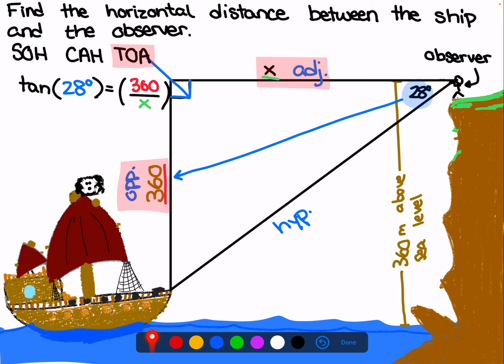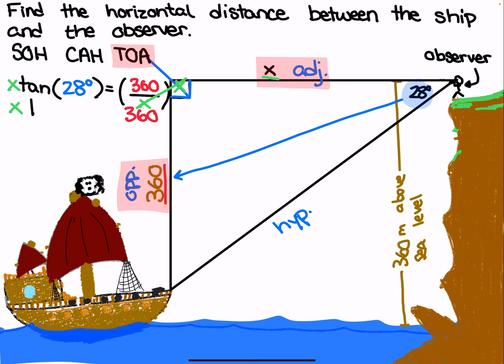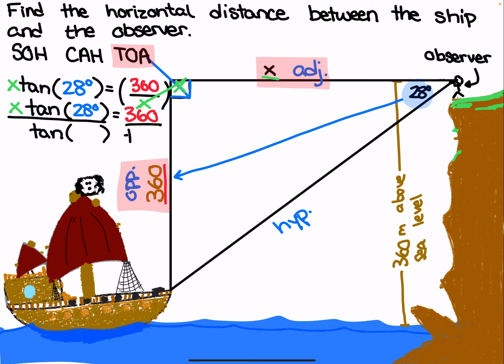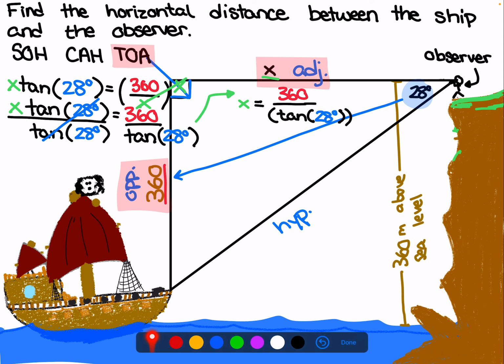I start by multiplying both sides by x, giving me x multiplied by tangent of 28 equals 360. Just like in the last problem, we have multiplication occurring between the variable x and tangent of 28. So I'm going to divide both sides by tangent of 28. On the left, they'll cancel, and we'll be left with x is equal to 360 divided by tangent of 28.